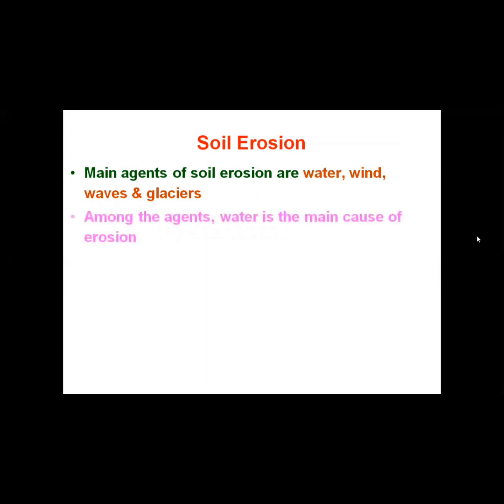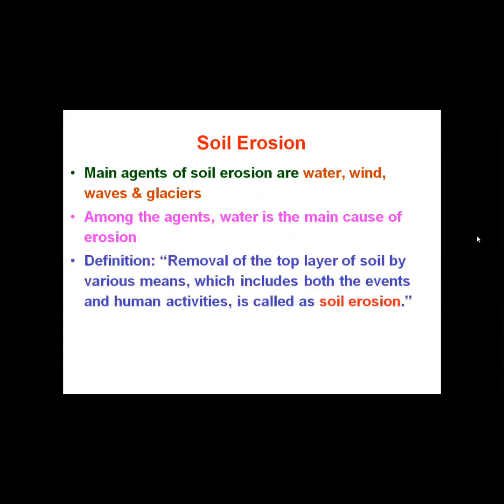Soil erosion, already you have learned about this soil erosion. The main agents of the soil erosion are the water, wind, waves as well as the glaciers. Among these agents, water is the main cause of the erosion.